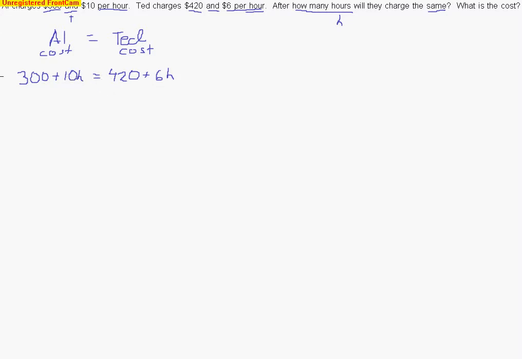And so the way we're going to solve this is just using opposite operations. So first step here is to get the variables by themselves. So what I might end up doing is moving the h term to the left-hand side. So I'm going to cancel it out on the right-hand side here and move it over to the left-hand side.